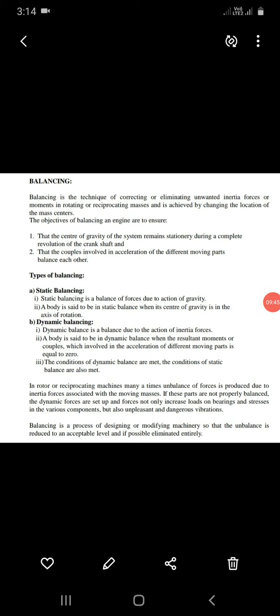So basically there are two ways of balancing: static balancing and dynamic balancing. In static balancing, a static balance is a balance of force due to action of gravity. For example, the old weight system which we used in shops is an example of static balancing, where 1 kg of weight was put in one pan and 1 kg of rice or grains were put in another pan.